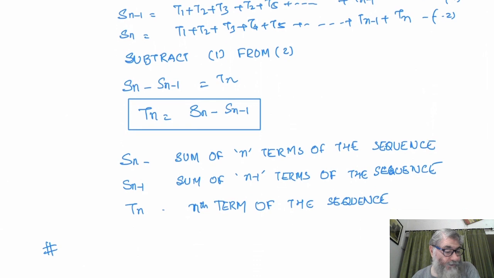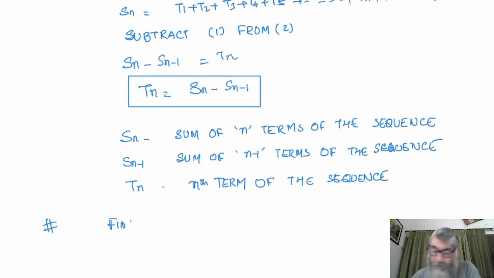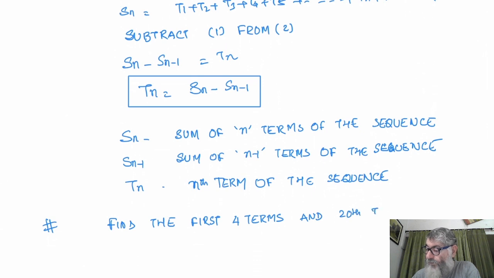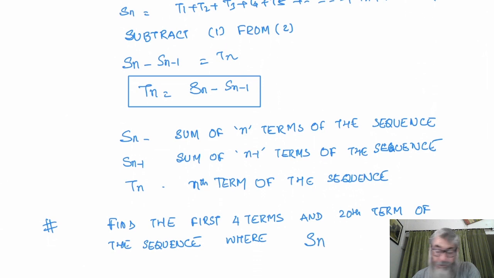He says, find the first four terms and the 20th term of the sequence where Sn is given as 3 by 2 times 3 to the power n minus 1.